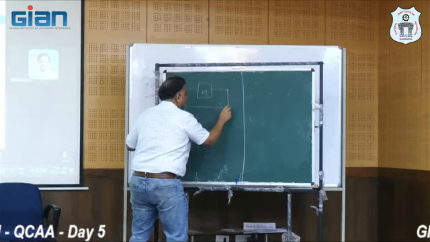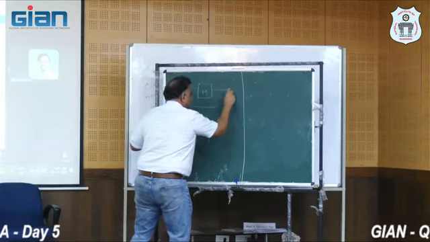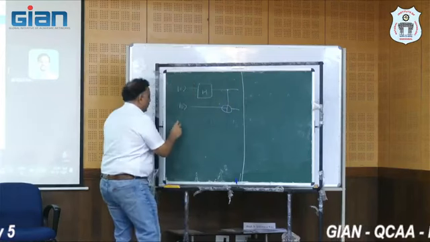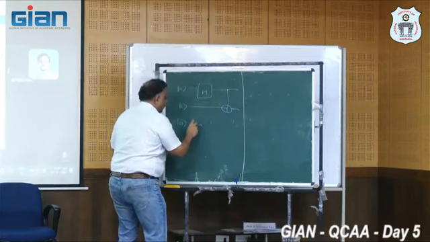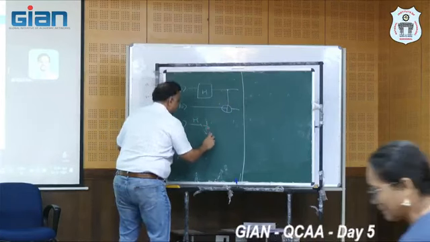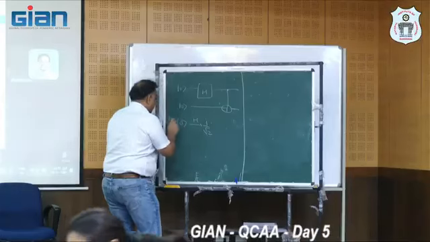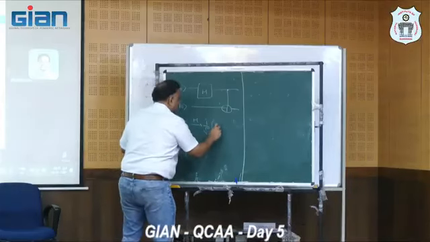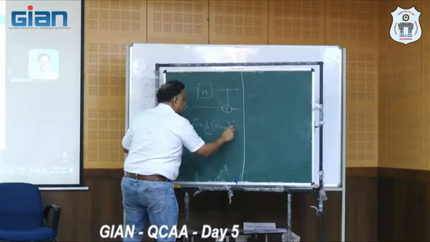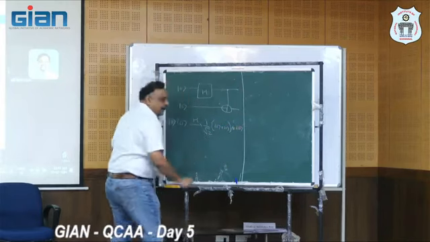Then there is a control CNOT. So 0, 0 goes to, agreed?